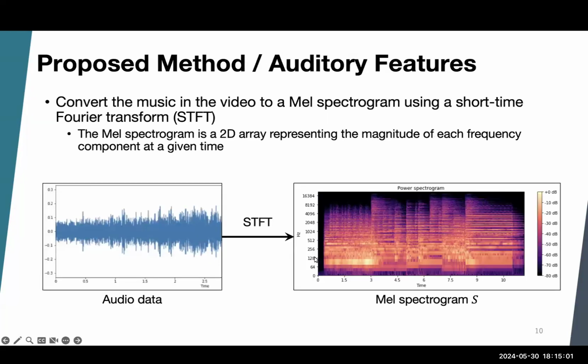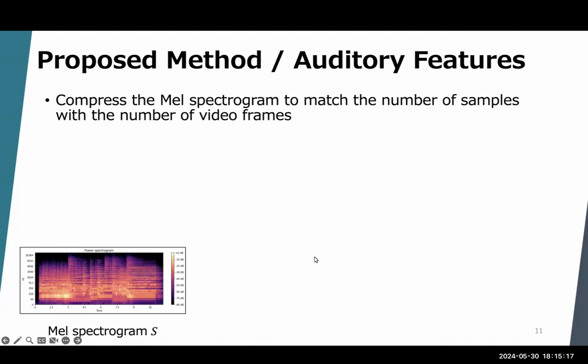For auditory features, we use the mel spectrogram obtained from the short-time Fourier transform of the music in the video. This is a 2-dimensional array representing the magnitude of each frequency component at a given time. To match the number of samples with the number of video frames, we compress the mel spectrogram using a CNN.